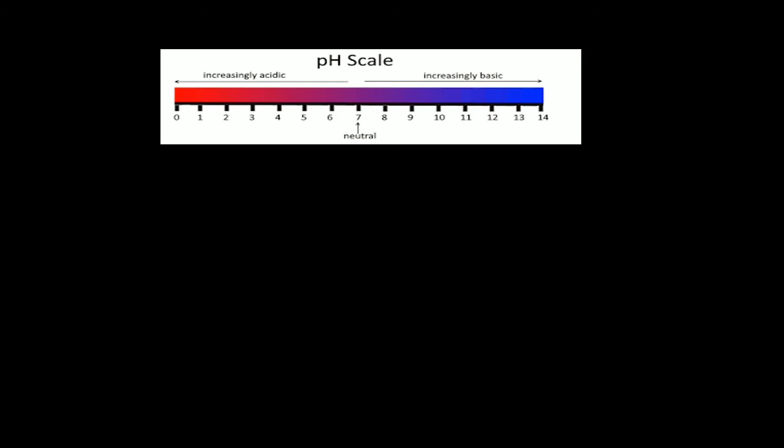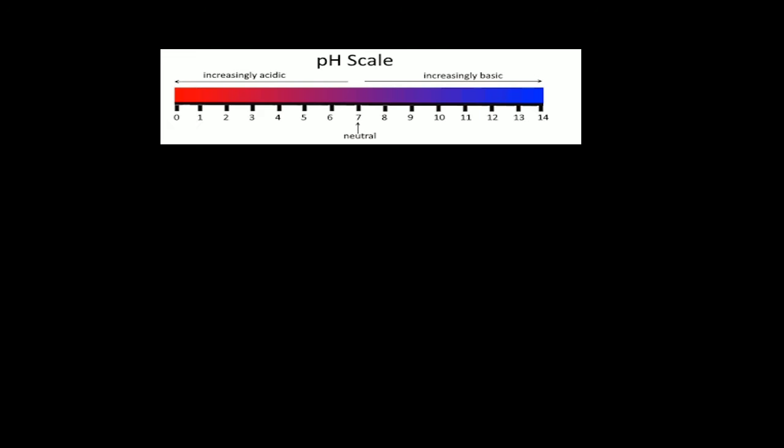So with every increase in number on the pH scale, the H+ ion concentration decreases. At 0, the H+ ion concentration is maximum, and at 14, it is the minimum. According to Sorensen, this pH scale gives us the relative strength of acids and bases.